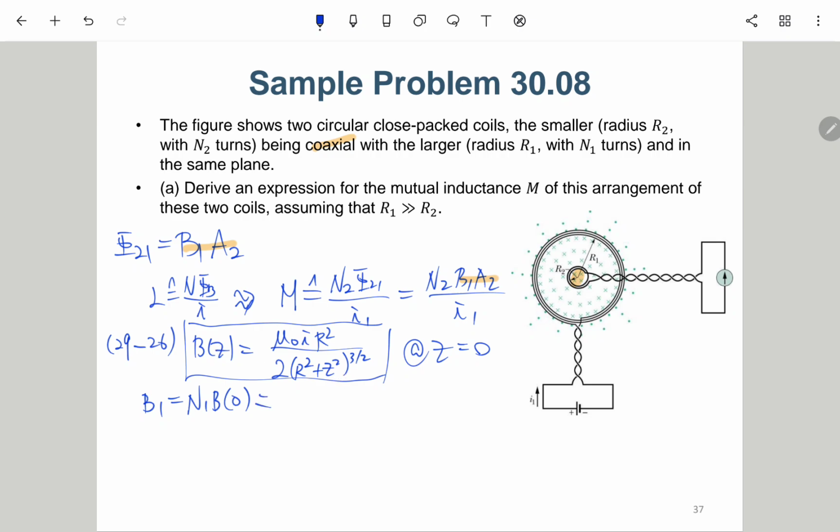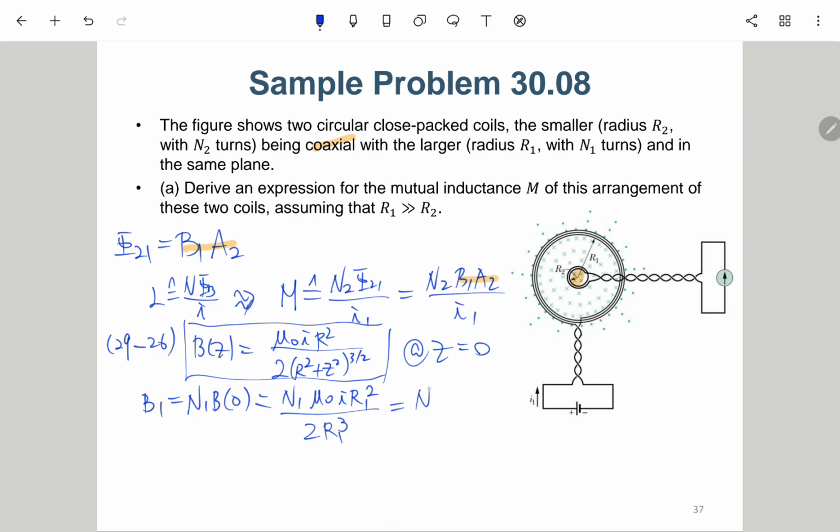So in that case, it turns out to be N1 and then mu 0 I, and then we should have R1 square, and then over 2. This one is R1 square to the 3 over 2 power, should be R1 cube.